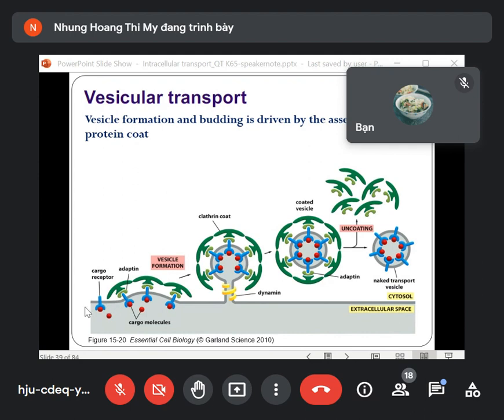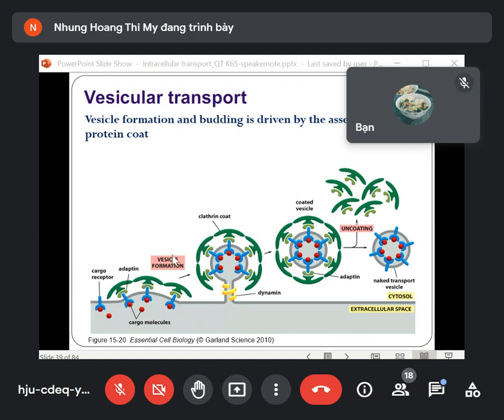In this slide, the vesicle is formed from the clathrin, and clathrin is located on the cell membrane, on the plasma membrane. In this line you see this is the extracellular space, and here is the cytosol. The clathrin will make the vesicle on the plasma membrane.